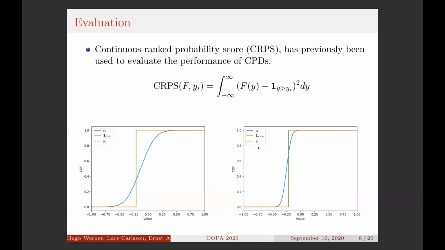Here are two examples where we can see this output and the optimal. The one to the right would be better, and when we calculate the area between these two, we'd see that it is closer to 0, which would be the optimal score, the perfect prediction. This is what we've used to evaluate the performance later on.